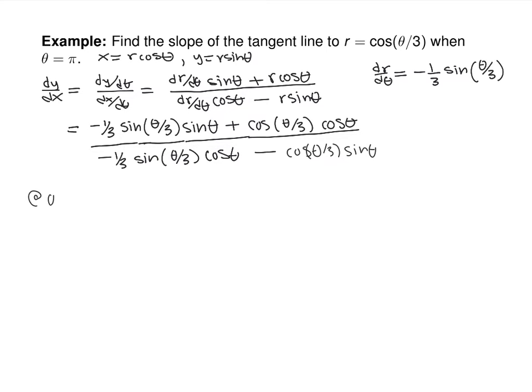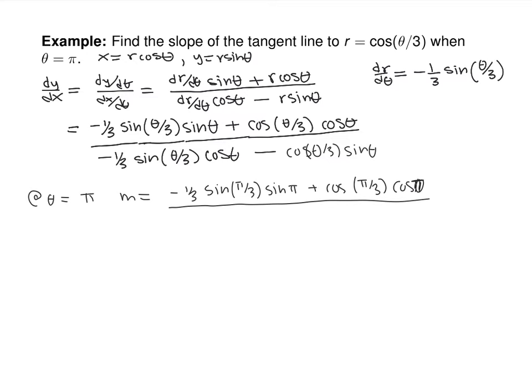Now, at theta equals pi, the slope will equal negative 1/3 sine of pi thirds times sine of pi plus cosine of pi thirds cosine of pi, all over negative 1/3 sine of pi thirds cosine pi minus cosine of pi thirds sine pi.